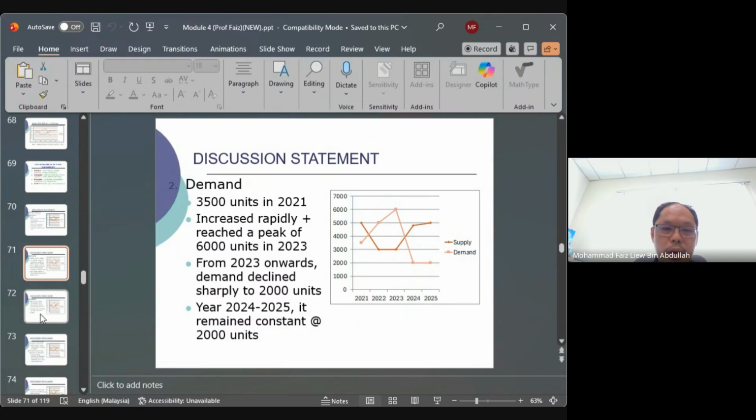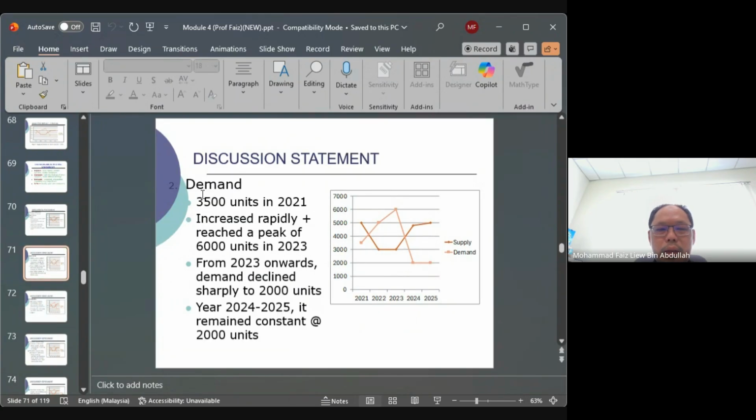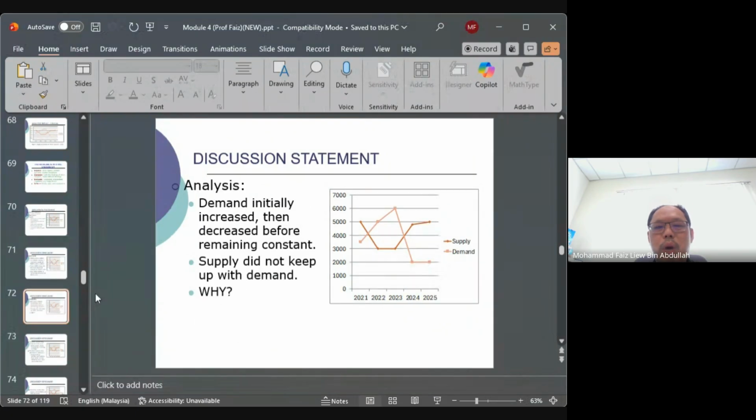And then from that graph, when you do analysis, if I'm a panel, after you have written the statement, I'll start to think: why did the demand suddenly increase, why did it suddenly decrease, why did it remain constant? Usually the question is why. Why did the supply not keep up with demand?